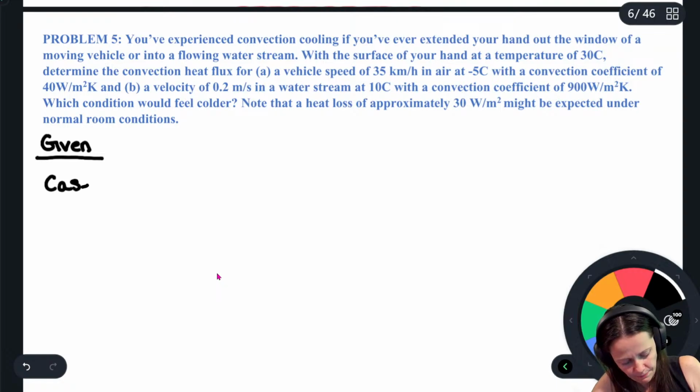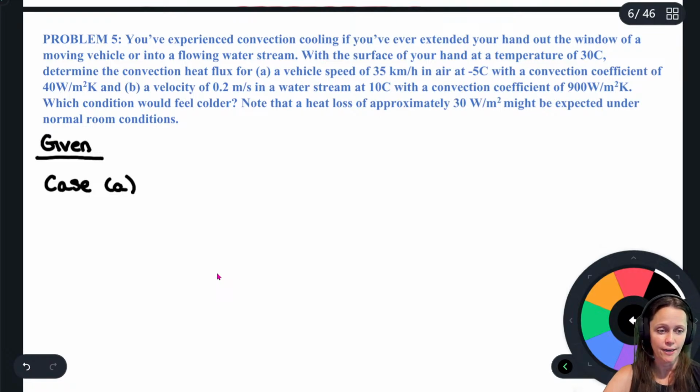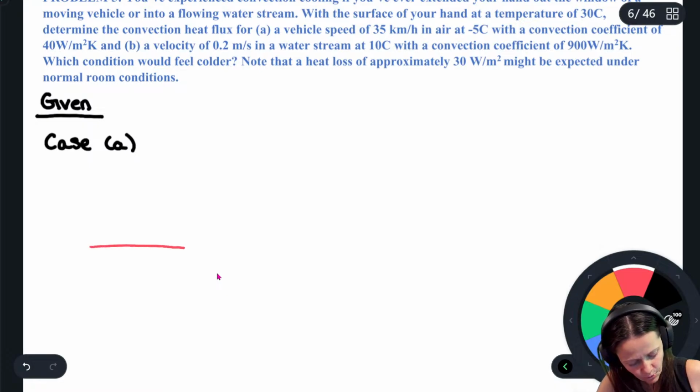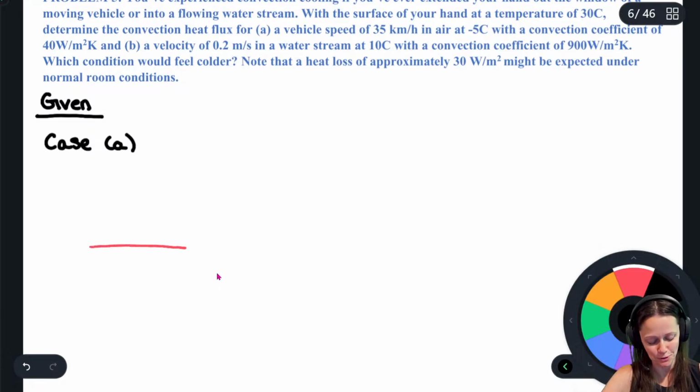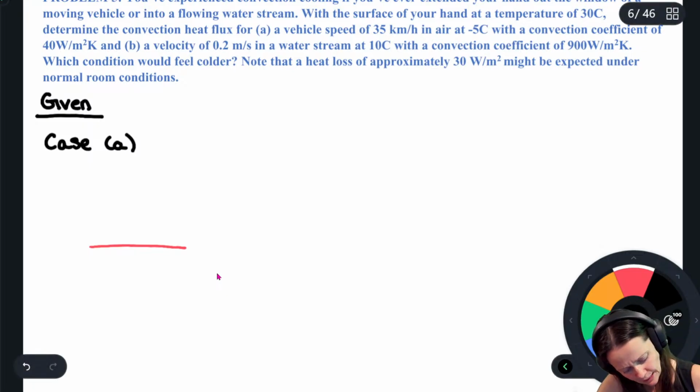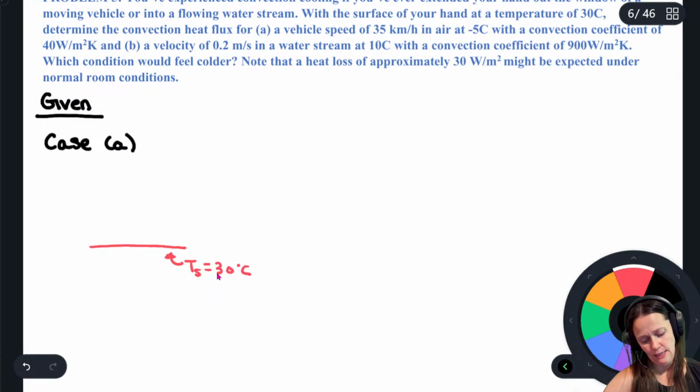Here's case A. I'm not a great artist, and so that's fine. This is going to be the surface of my hand right there. That line right there is the surface of my hand. So the surface of my hand, Ts, is 30 degrees. All right.